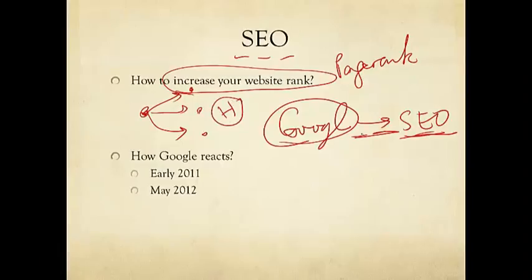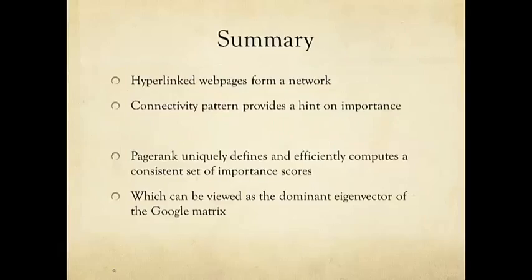But then Google is not sitting idle. There's also reacting. Two recent reactions were in early 2011 and May 2012, where Google announced some changes in the way they run the actual detailed version of the PageRank methods that will try to counter SEO's artificial lift of certain web pages' importance scores. There are a lot of interesting stories that we won't have time to go into.